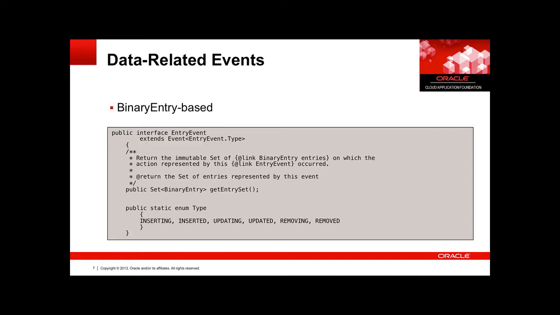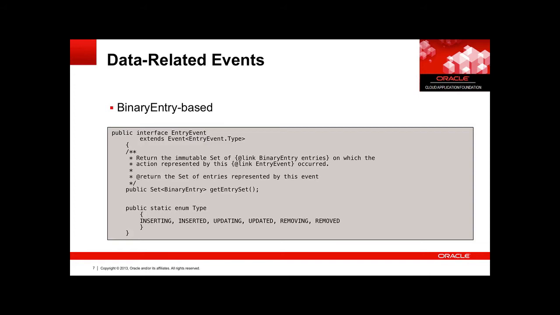Whether it's pre or post means that there are certain things that can be assumed or not assumed. So with the pre-events, we deliver the event synchronously prior to committing the mutation that triggered this event. As for the post event, it's delivered asynchronously on a different thread to the one that actually performed the mutation, and the mutation has already been committed.